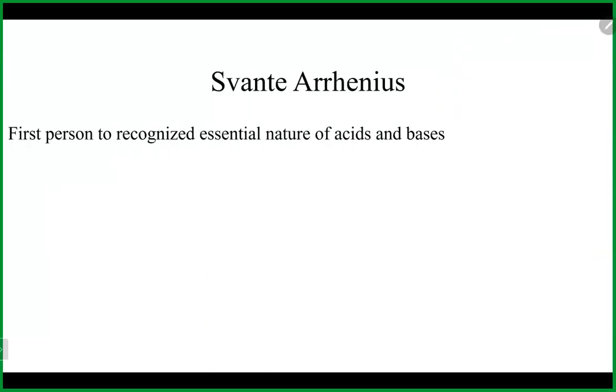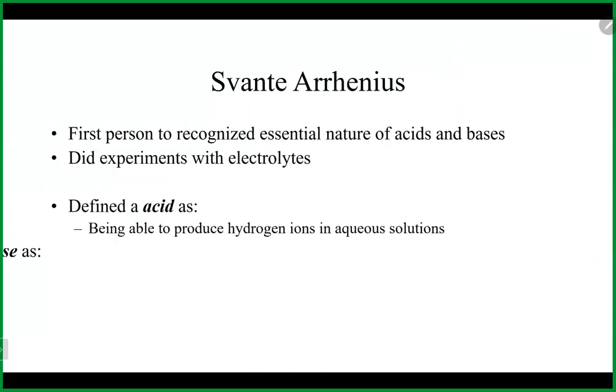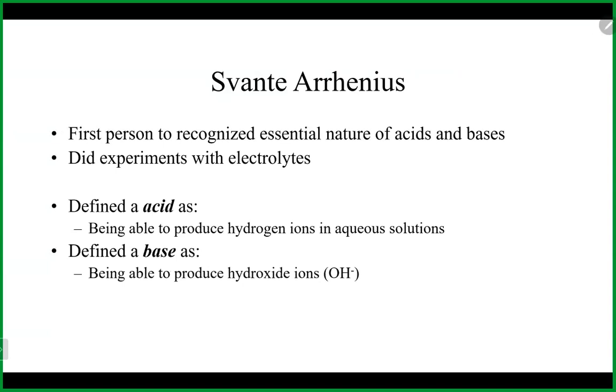So let's talk about the first definition of an acid and base, and that was done by Arrhenius. He did a lot of work with electrolytes. If you remember, electrolytes are things that, when they break apart in solution, produce ions, and those ions help conduct electricity.